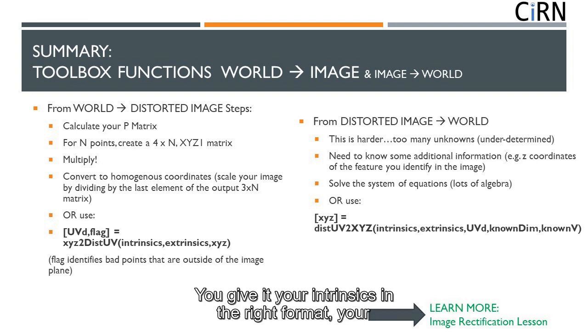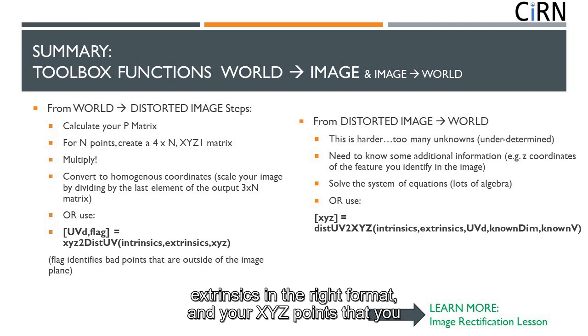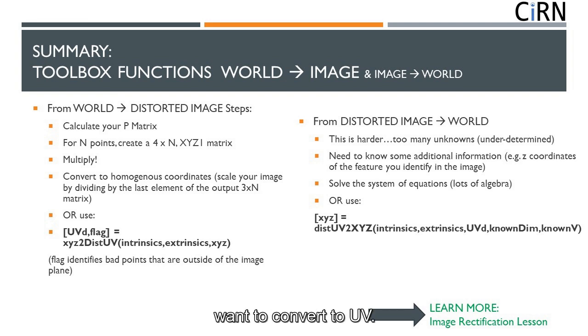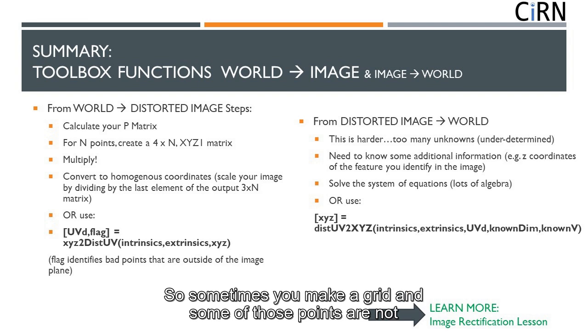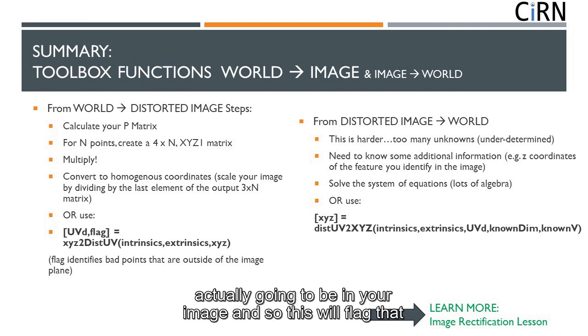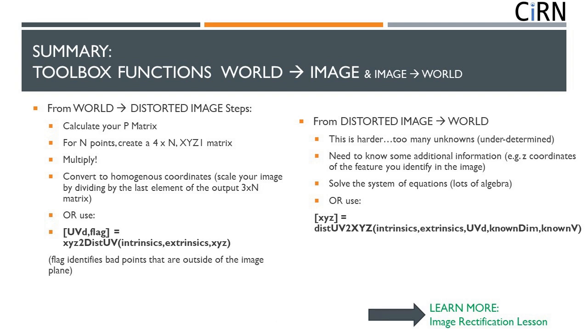You give it your intrinsics in the right format, your extrinsics in the right format, and your XYZ points that you want to convert to UV. It also provides you a flag that identifies points that are outside of your image plane. So sometimes you make a grid and some of those points are not actually going to be in your image. And so this will flag that for you.